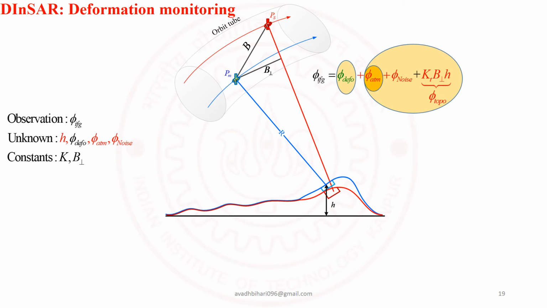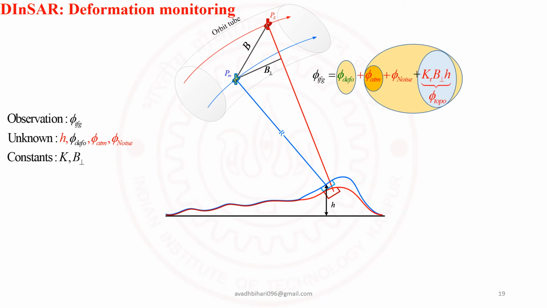But something can be done with the topographic phase component. We can reduce it by choosing SLC images which have a very small baseline. If the baseline is small, the topographic phase component will also be small. But this strategy would not be sufficient to remove its impact completely.